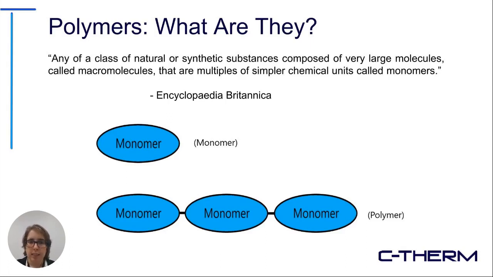And if you connect several monomers together with covalent bonds, you can get a short chain polymer, sometimes called an oligomer. And if you extend that long enough, eventually it becomes something that we class under the general category of polymer. So a polymer then is just a macromolecule that is composed of multiples of smaller, simpler chemical units, which are called monomers.